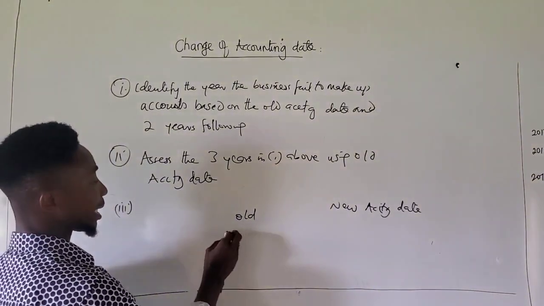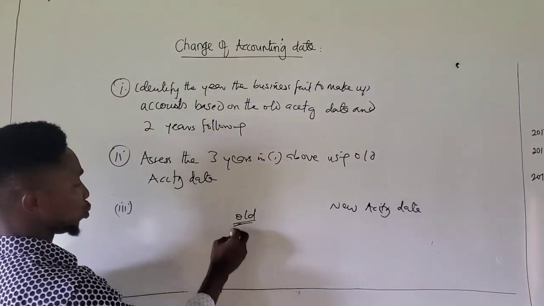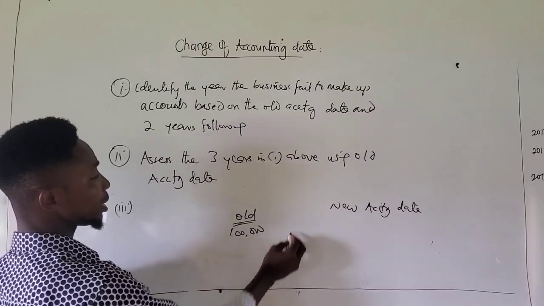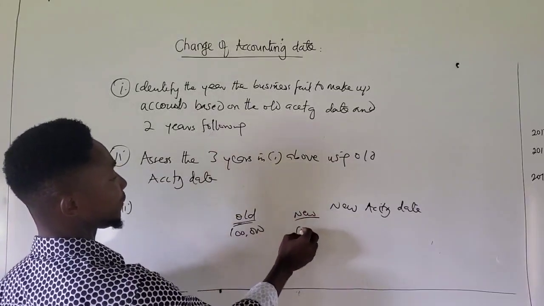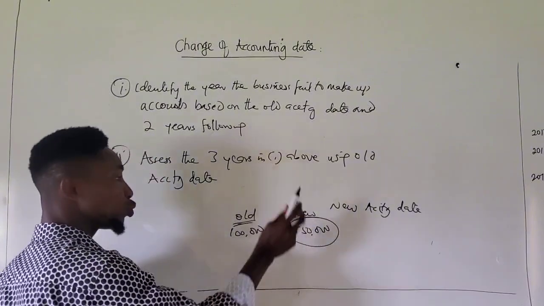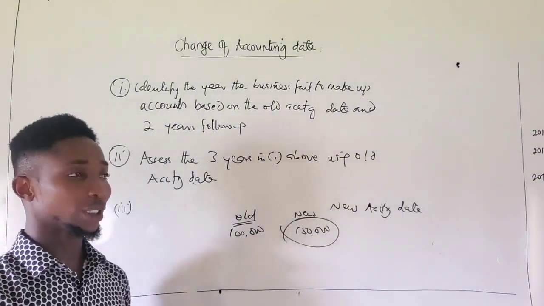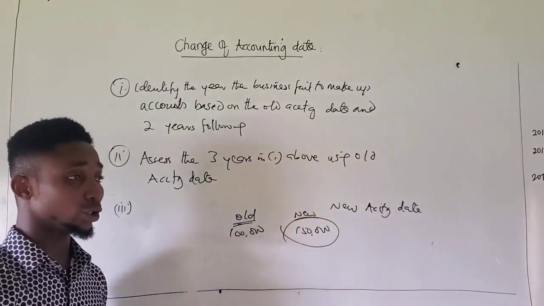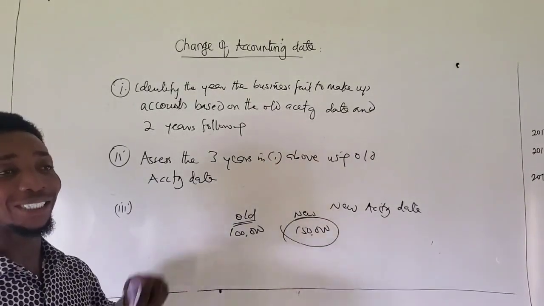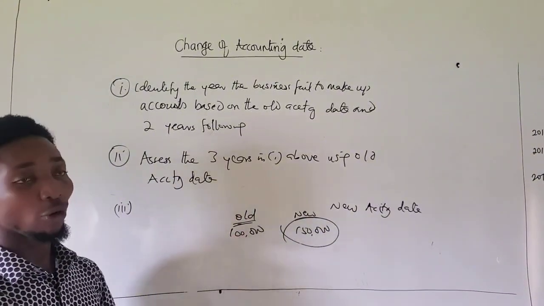So if under your old accounting date your assessable profit amounts to 100,000, and for the new accounting date it amounts to 150,000, the revenue authority will choose to assess you based on the new accounting date. You understand? It is the revenue authority that has the right to select, and they will always select the higher of the two.